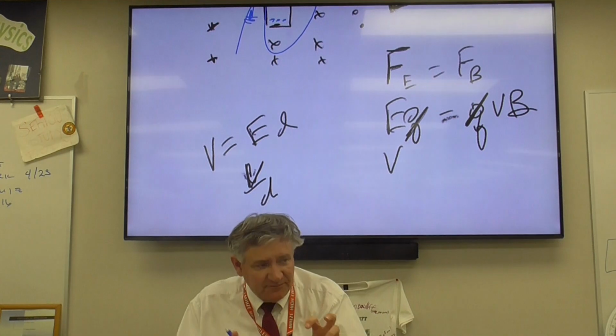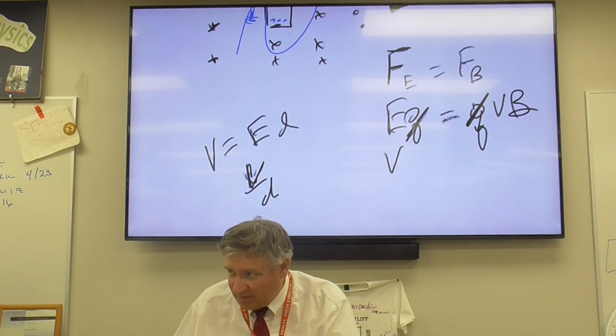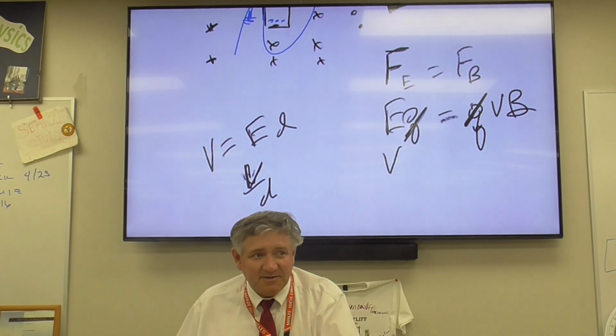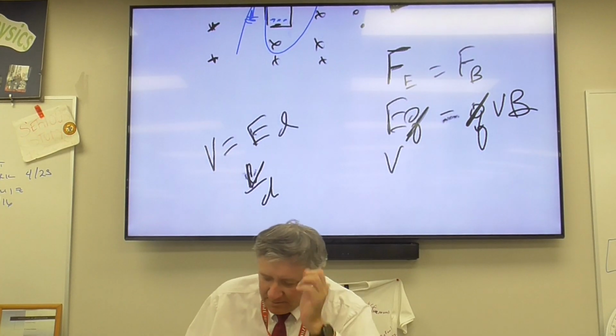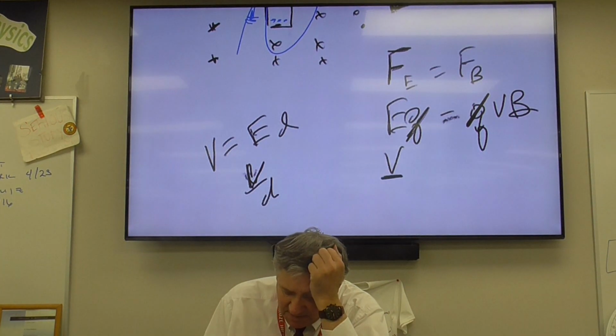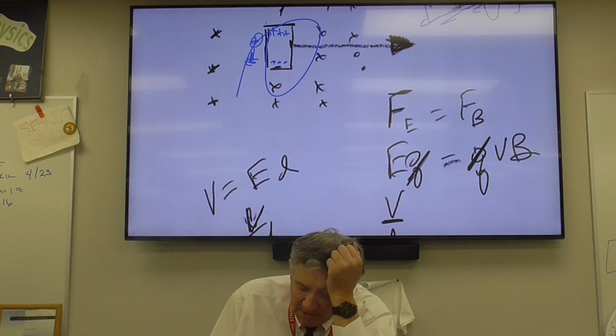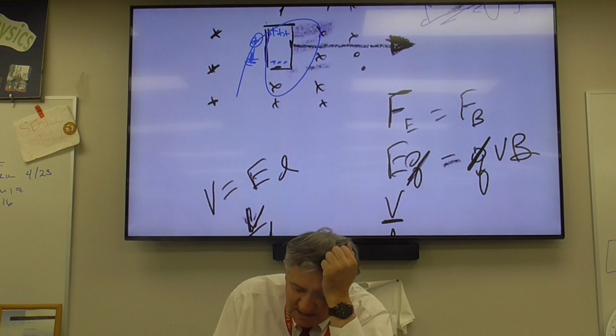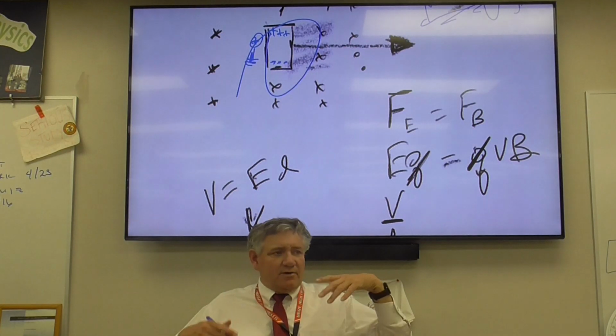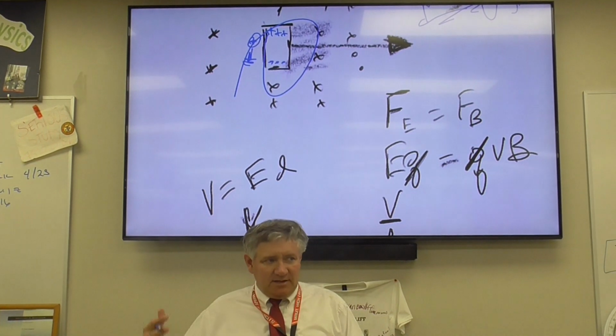So I'm going to put that in here, and here's where this gets complicated. Don't confuse the V for voltage with the V for velocity. It's tricky, but stay with me. So this is going to be over L. I'm going to put L because that's the length of the wire or whatever is actually in the magnetic field.